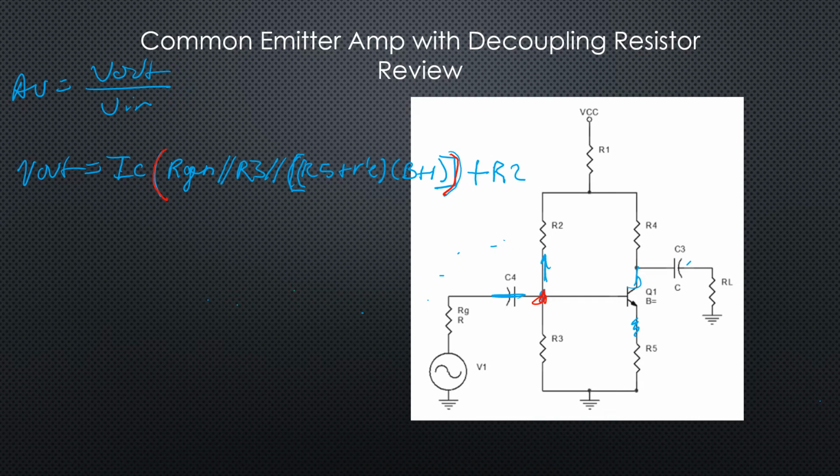Now all of that is, now we're here, so all of that is now in parallel with R1. Which, 27K in parallel with R1 is basically R1. Now all of that gets us to right here.